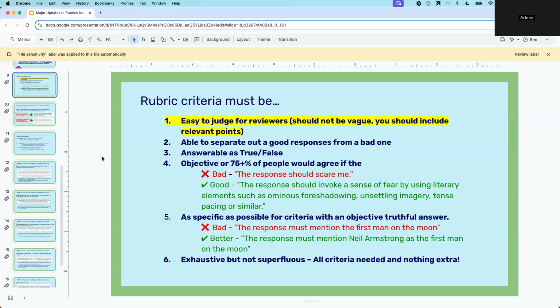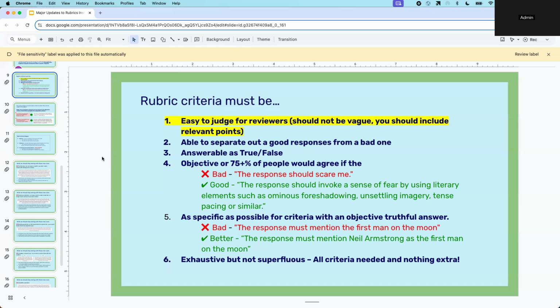If there's no sort of reason to have a criteria like that, and it doesn't actually help you understand whether the response is good or bad, then it should not be included. So again, ultimately, the point of the rubric criteria is to help you discern a good response from a bad one in as objective a way as possible.